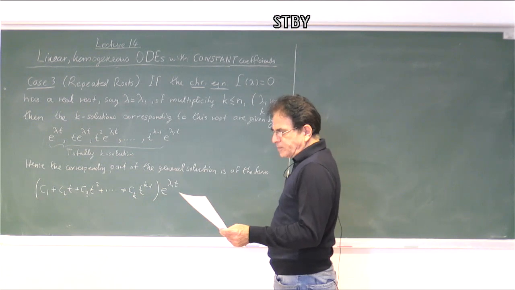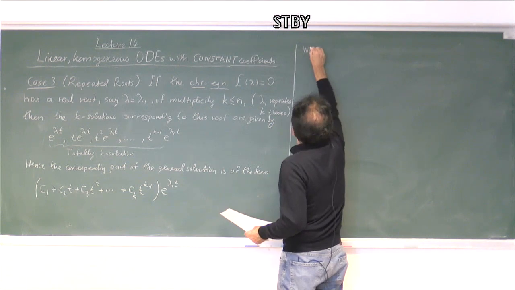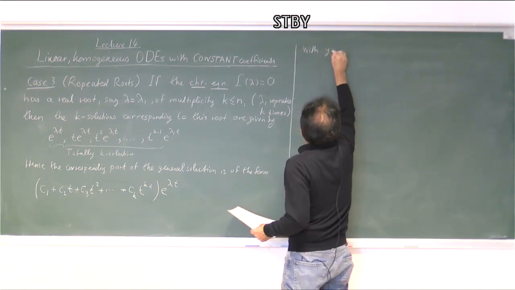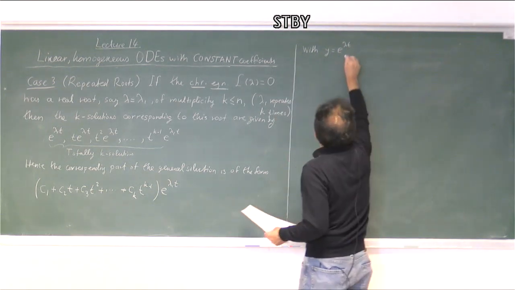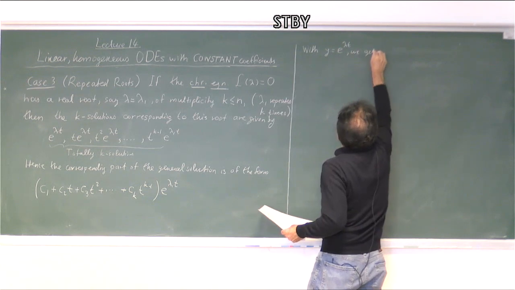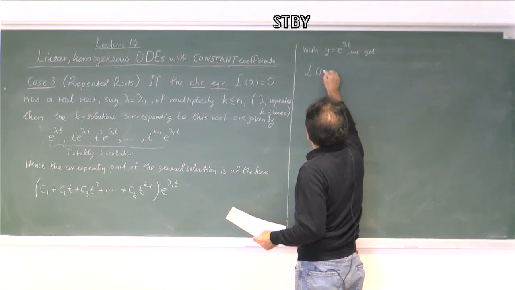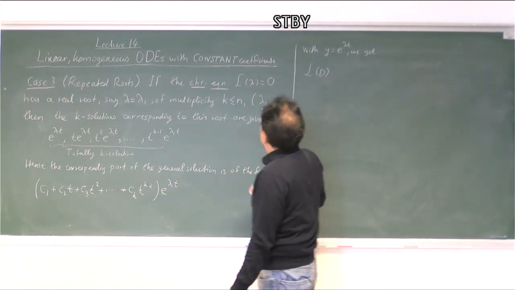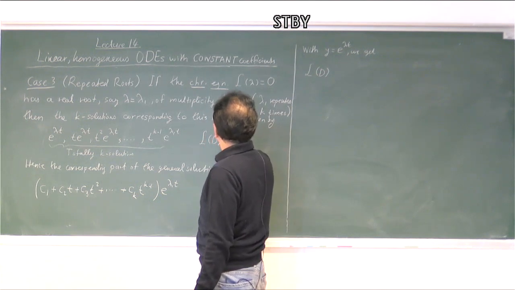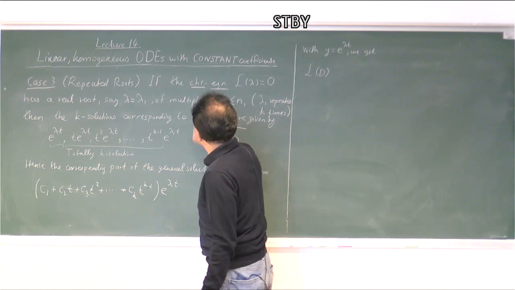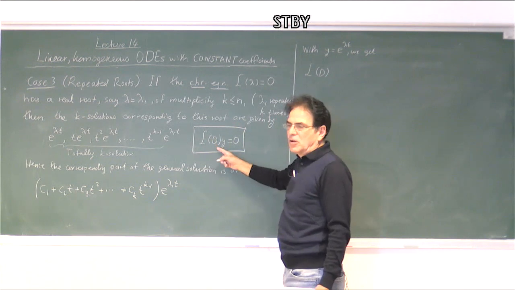So recall, with the proposed solution y equal to e to power lambda t, what do we get? Do not forget, we are interested in a differential equation L of D y equal to 0, which is homogeneous, linear of order n with constant coefficients.